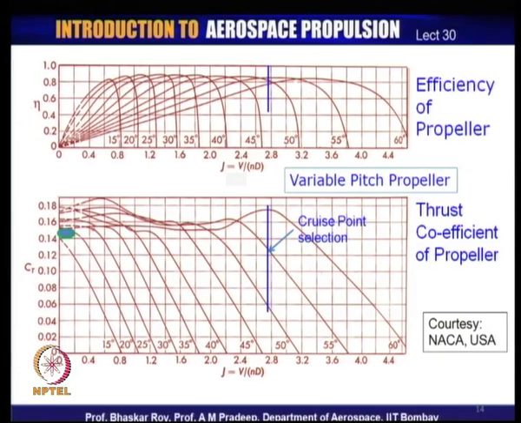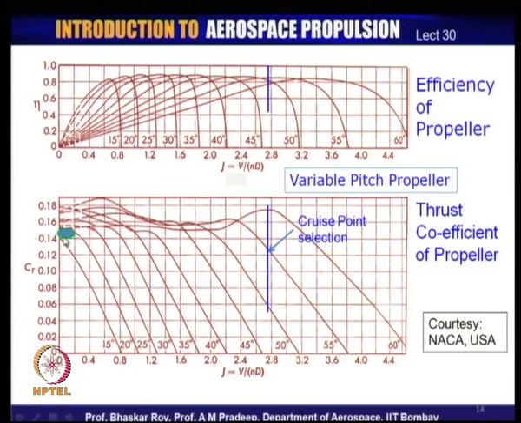Now, what we see here is a probable cruise point selection, where you are likely to operate at a comparatively high advance ratio, and you are working at a high pitch angle. During the cruise your pitch angle is likely to be higher.